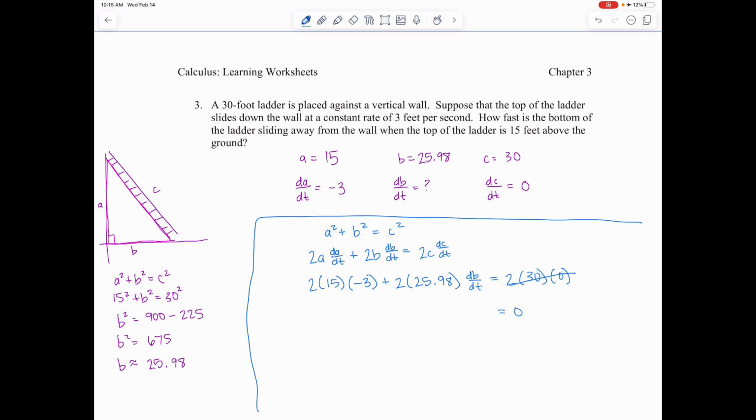Over here, we will have 51.96 dB dt, and then -90. We'll move the 90. And then we'll divide by our 51.96.